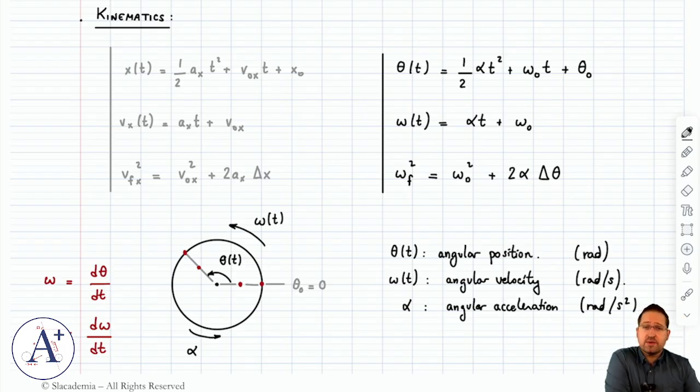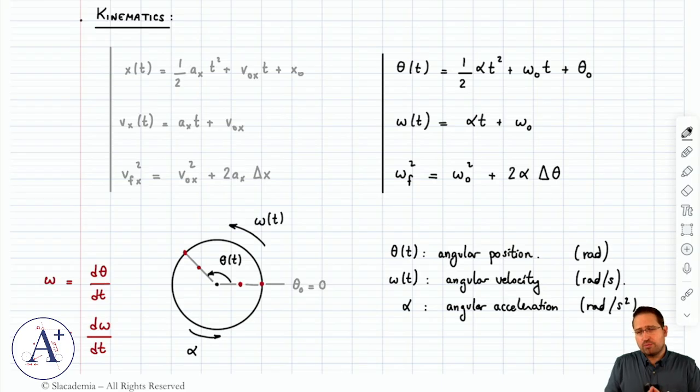So something to keep in mind, these kinematic equations are important. We don't tend to focus on them as heavily as we did before, because before we did projectile motion and all of that. But you have to know that they exist, and you have to know that they will give you theta, omega, and presumably alpha, unless you solve it differently using torque net equals I alpha.